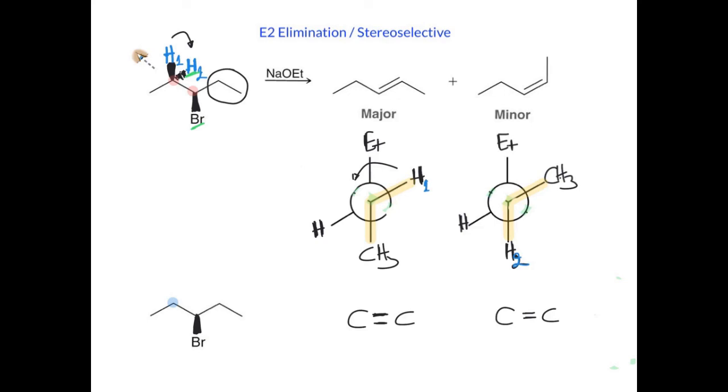This immediately will give us the substituents, where in the first case I'm going to have H1 and methyl for the front carbon, ethyl close to H1 and hydrogen for the back carbon, while in the second case I'm going to have methyl for the front carbon and H2, while for the back carbon I'm going to have an ethyl close to methyl and the hydrogen.